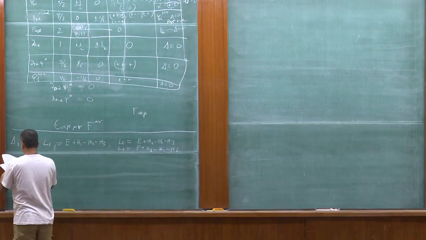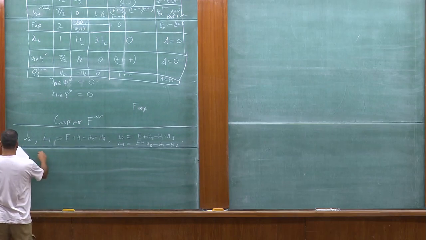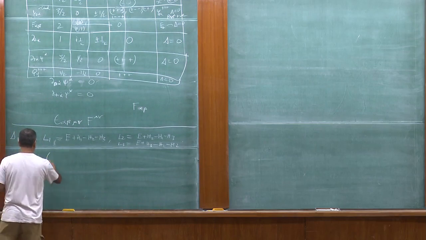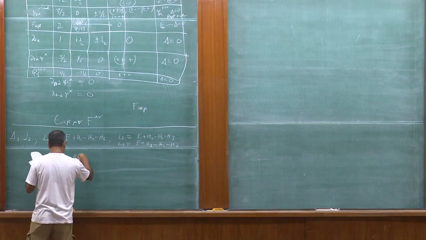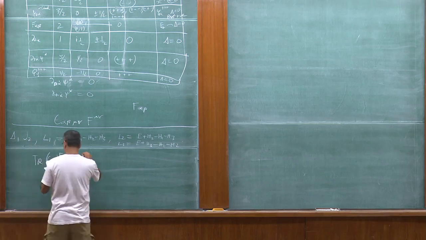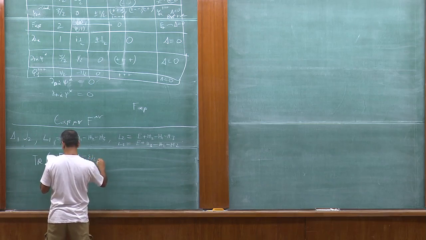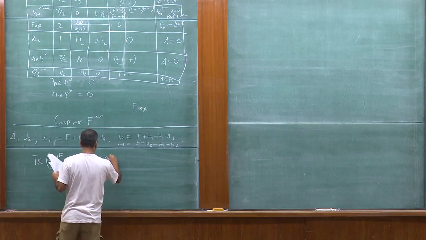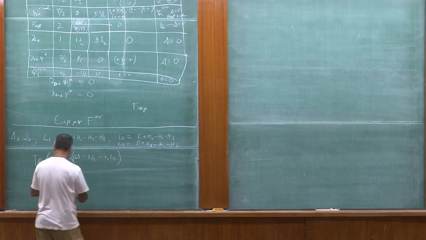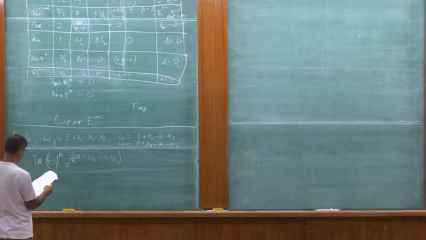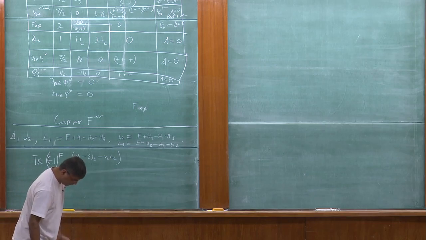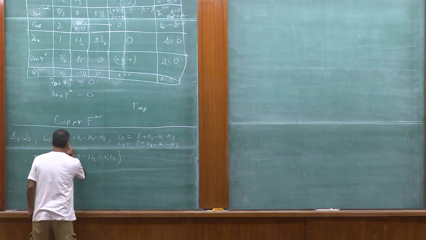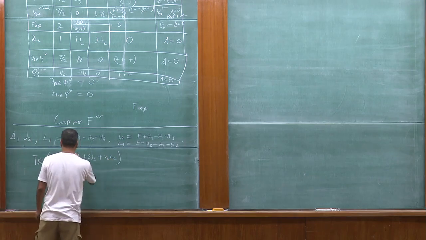The thing we're going to try to compute is the trace of minus 1 to the power F, e to the power minus beta delta minus zeta J2 minus gamma i Li. Oh, plus. Sorry. And minus this.